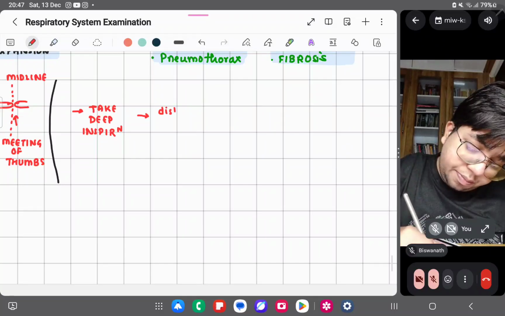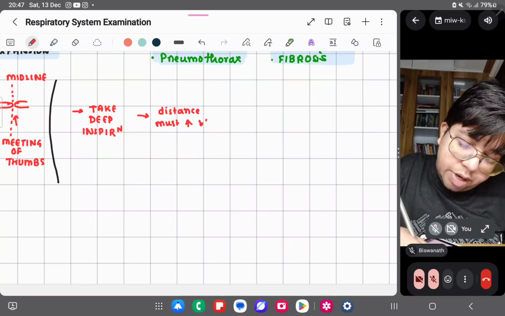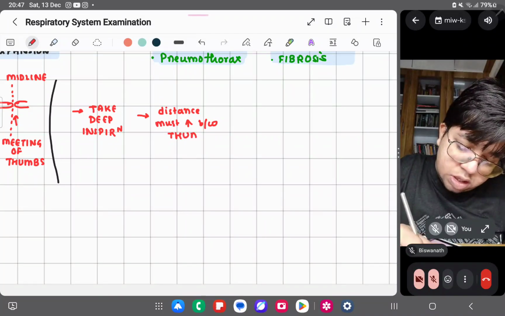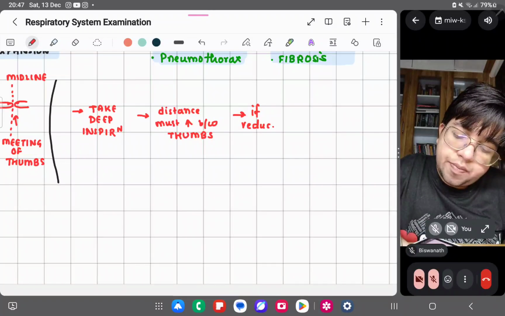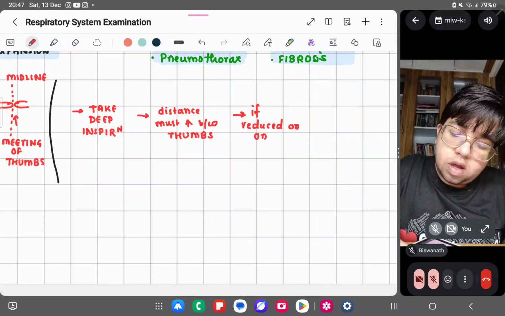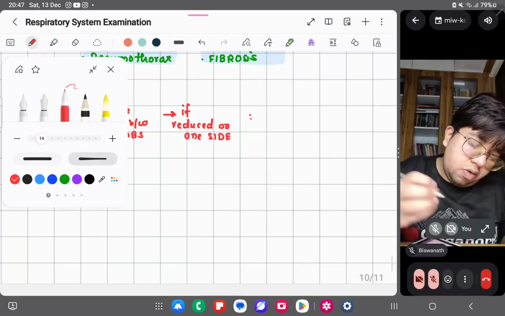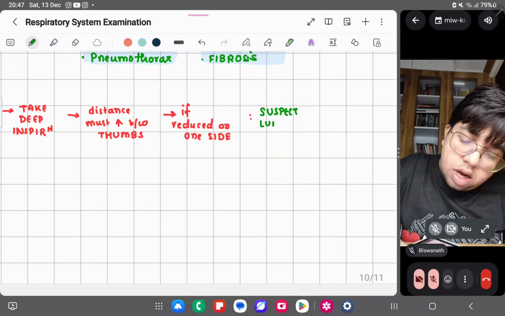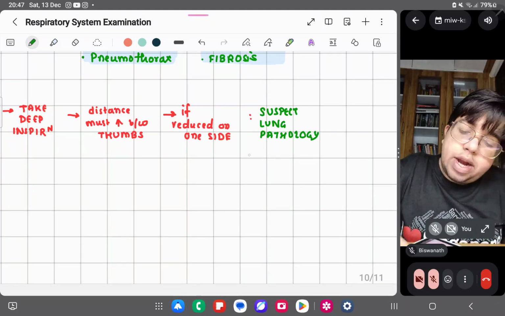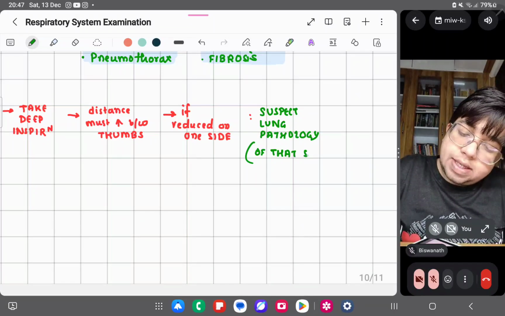So the distance must increase between thumbs. If the expansion is reduced on one side, then you can suspect lung pathology of that side only.